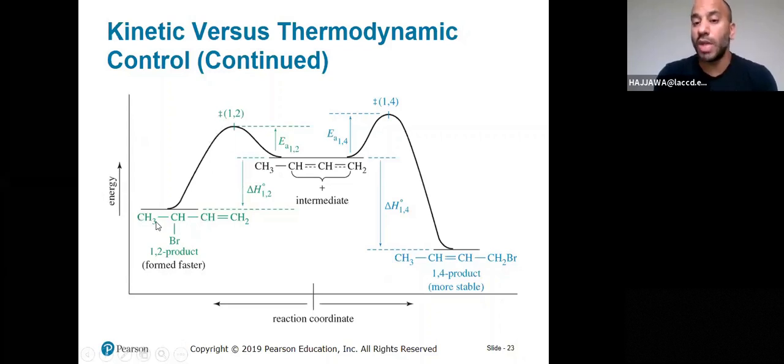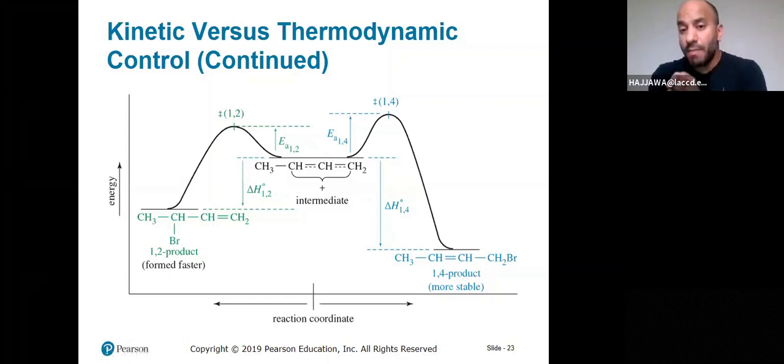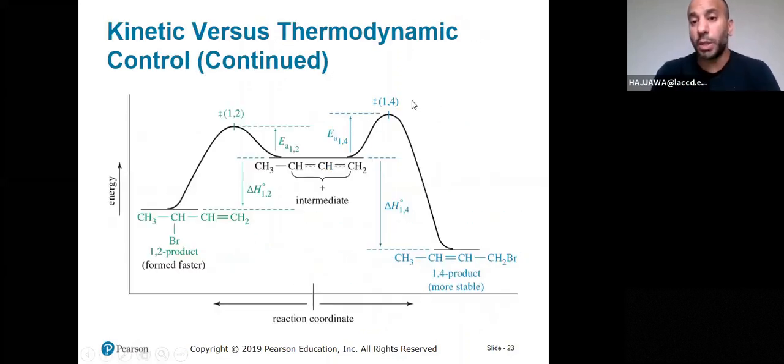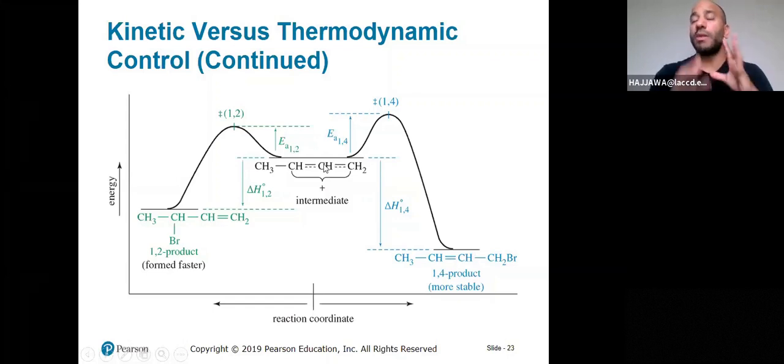Why? Because the secondary allylic carbocation is more stable. The primary allylic carbocation will require more energy to get to the product. So we can see here that the stability of the allylic carbocation will actually determine how much energy is needed to get to the final product.